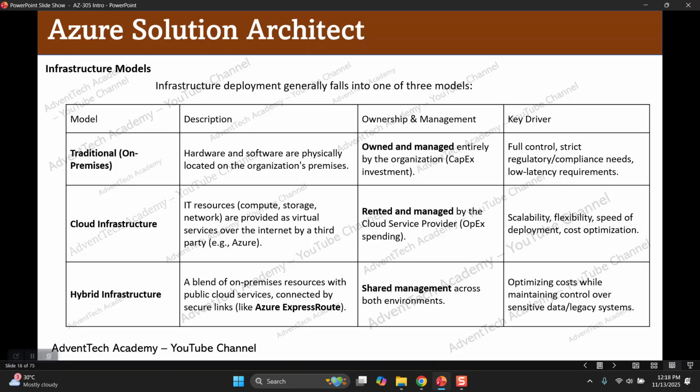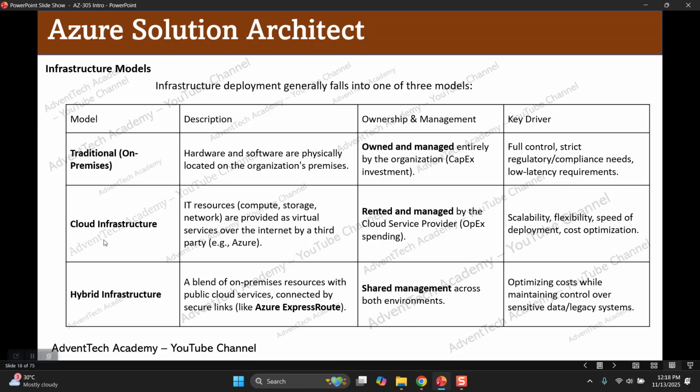For example, if it is a pharmaceutical company, they have their own data centers either within their corporate office or it is a separate one or it may be a co-located one. So we need to collect all the details regarding the on-premises infrastructures.